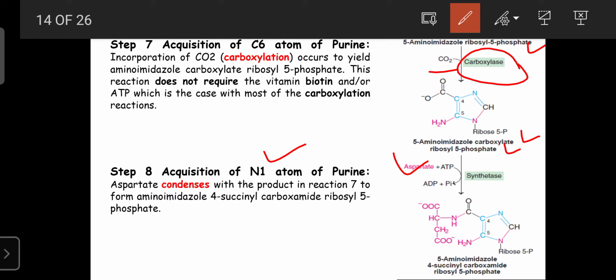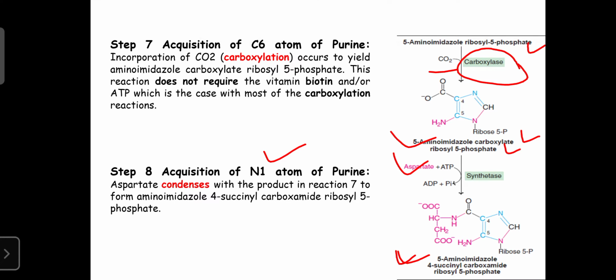The synthetase enzyme utilizes the aspartate and ATP, taking the amino group from the aspartate and adding it to the 5 amino imidazole carboxylate ribosyl 5 phosphate, forming 5 amino imidazole 4 succinyl carboxamide ribosyl 5 phosphate. So N1, another nitrogen atom, is contributed by the amino acid aspartate.